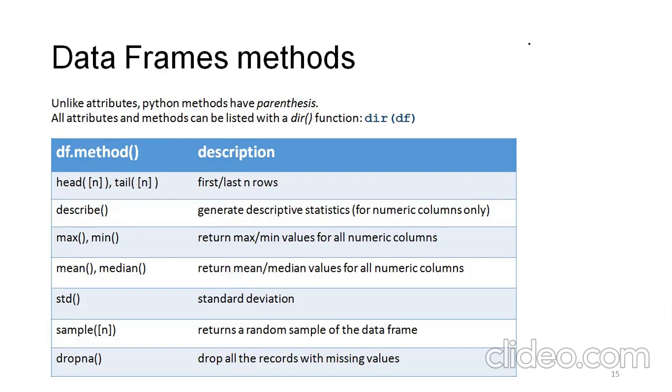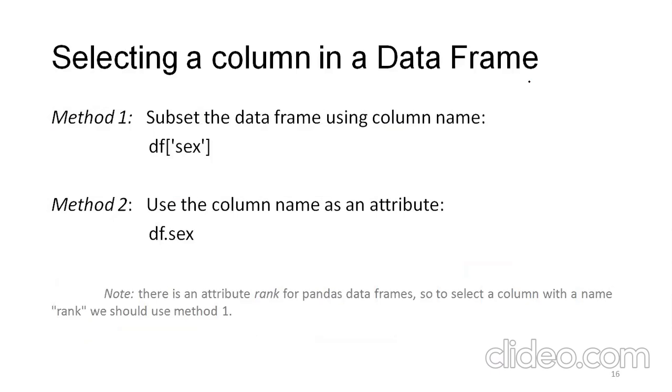We have already seen the methods head and tail, which are available in the data frame. Other than that, we have max, min, median, standard deviation. If I want to calculate the mean, I can go with the mean method, which is available in the data frame. We will see them one by one in detail.